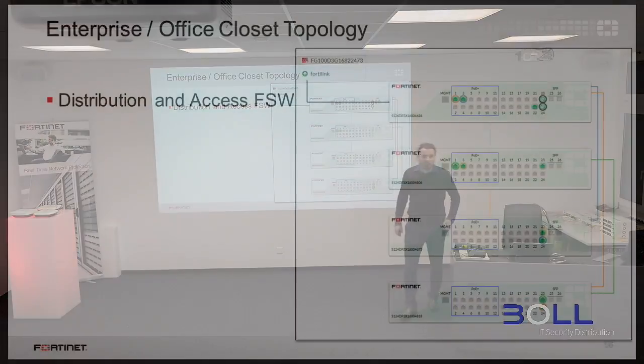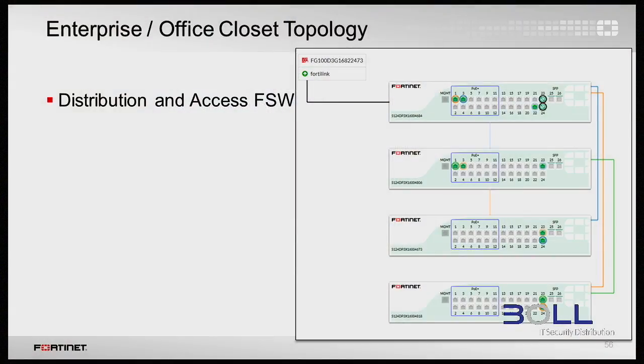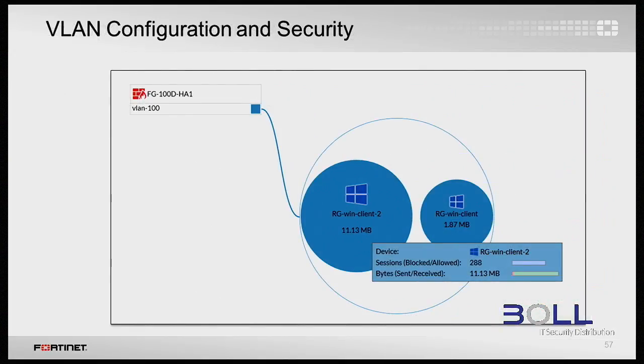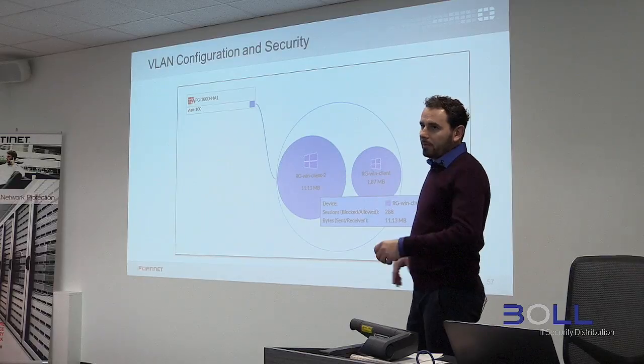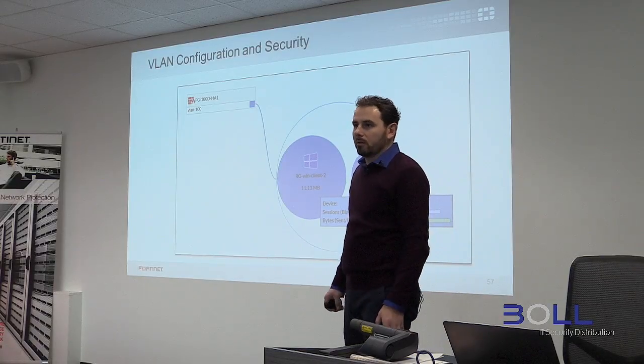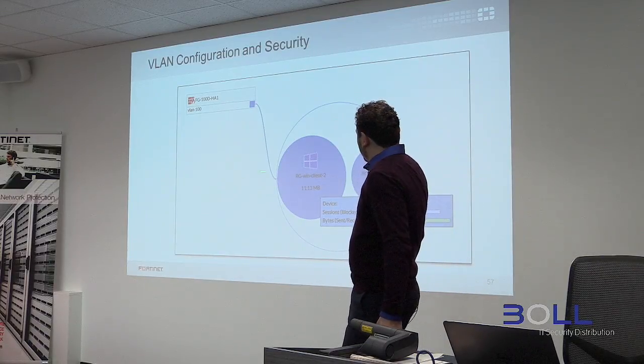So it's really, I don't set anything, I just connect the cable and it will come up. Then we are going to make the enterprise deployment, to show you that diagram that we talked about, and we can see in more detail also what's happening there. Next, we'll talk about the VLANs, so really deploy the VLANs and how we add security to that, how we see the clients, right, with FortiView.